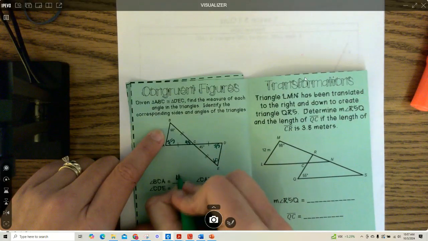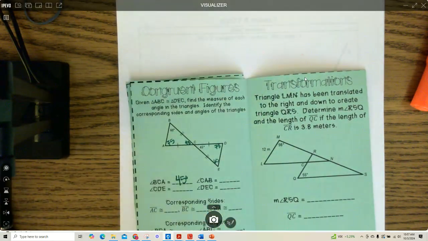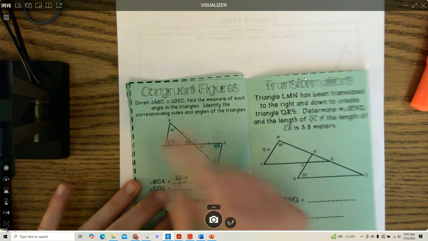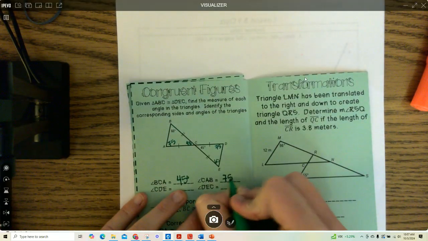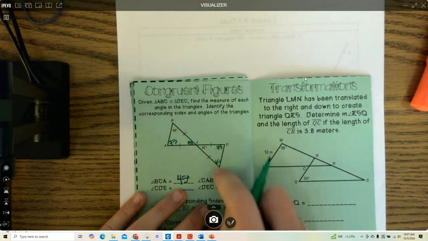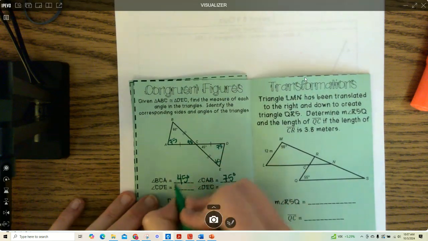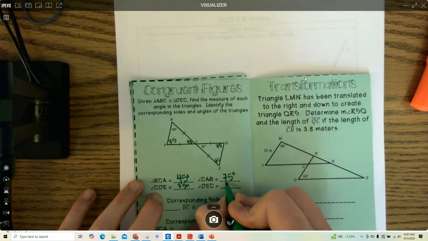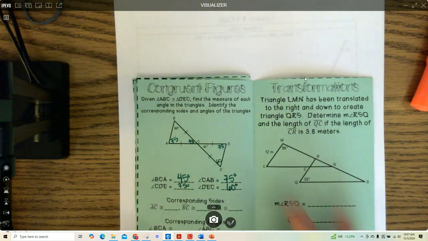It's the letter in the middle. Okay, so then CAB is 75 degrees. CDE is 75 degrees. And then DEC is 60 degrees.